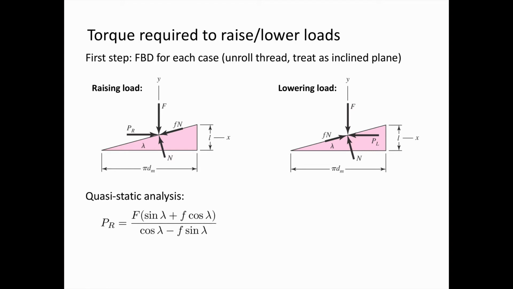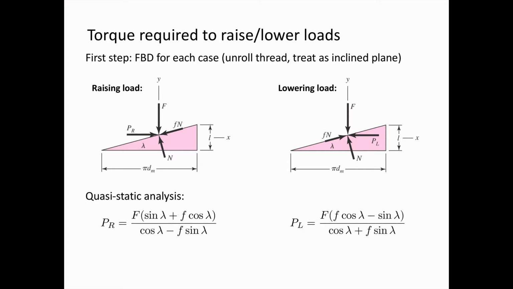It's possible using the free body diagram for raising a load to derive this relationship. The force required to raise a load is equal to the axial force times the quantity sine of the lead angle plus the friction coefficient times cosine of the lead angle, over the quantity cosine of the lead angle minus F times sine of the lead angle.